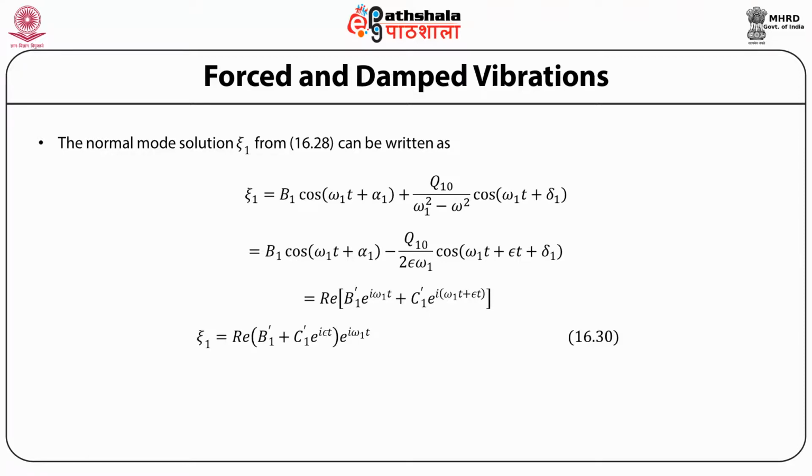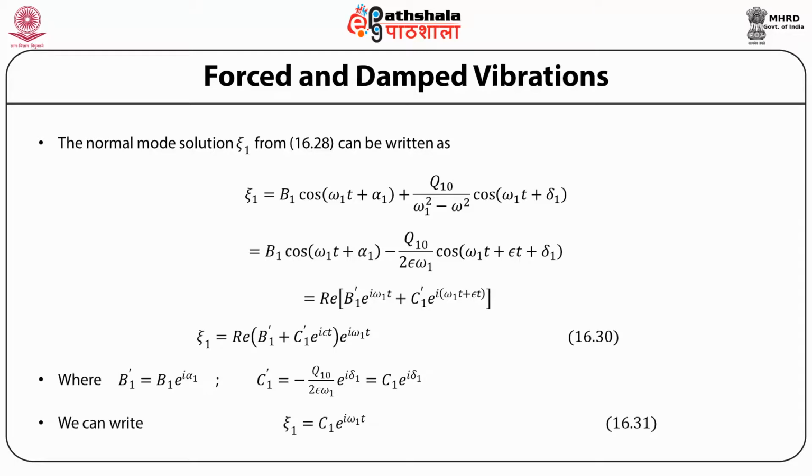Therefore, xi_1 is the real part of (B1' plus C1' e to the power i epsilon t) e to the power i omega_1 t, where B1' is equal to B1 exponential i alpha_1 and C1' is equal to C1 exponential i delta_1, equal to minus Q10 by 2 epsilon omega_1 into exponential i delta_1. We can therefore finally write xi_1 as C1 exponential i omega_1 t.